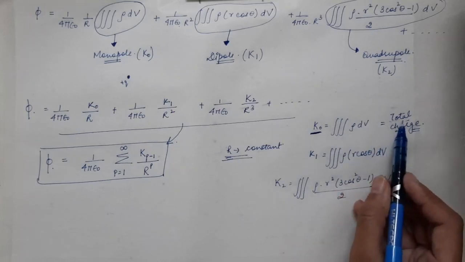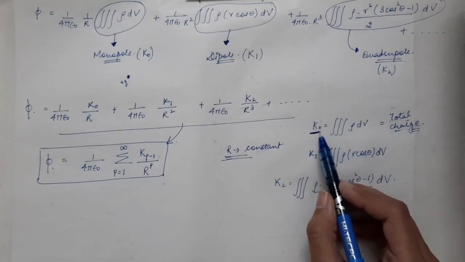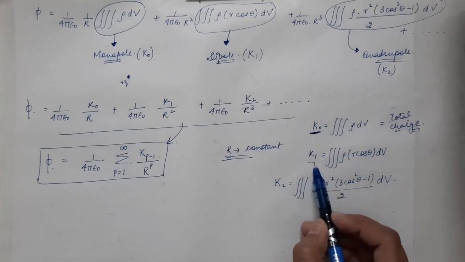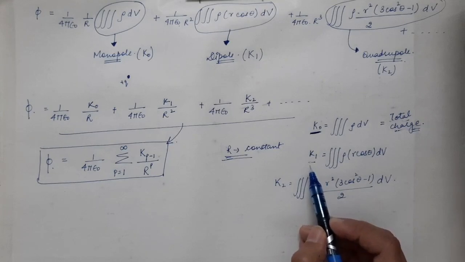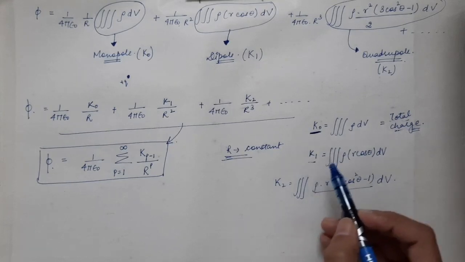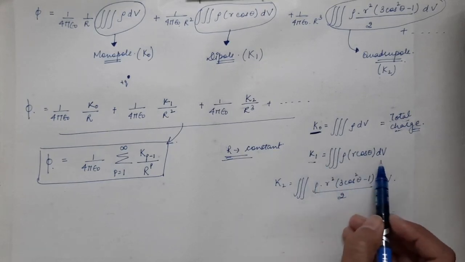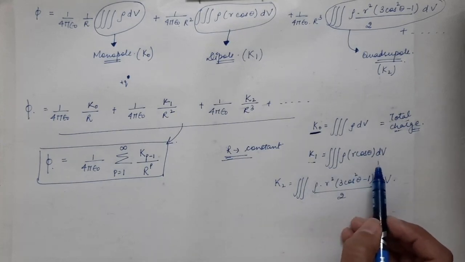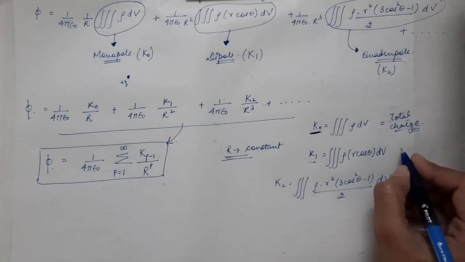So if the total charge on a system is 0, meaning the monopole is 0, then we look for a dipole, that is, whether there is a dipole for that particular distribution of charge. If the dipole comes out to be non-zero, we say that the system behaves as a dipole.